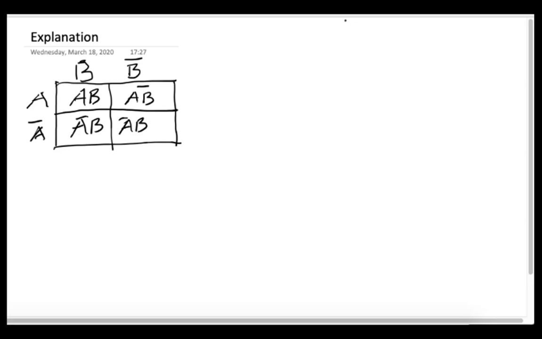Okay. All right. We want to prove that the complement of A plus B is A bar times B bar. Okay. I hope that you can read my handwriting.